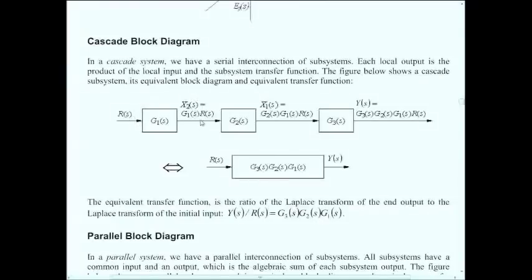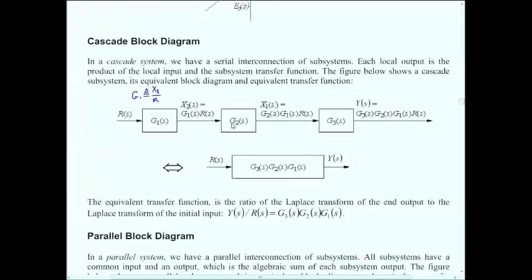If you go through the first block, the output x2, for example here, by definition of a transfer function is the transfer function times the input. Right, because G1 was defined as output over input. So you rearrange that and you find x2 is equal to G1 times R.